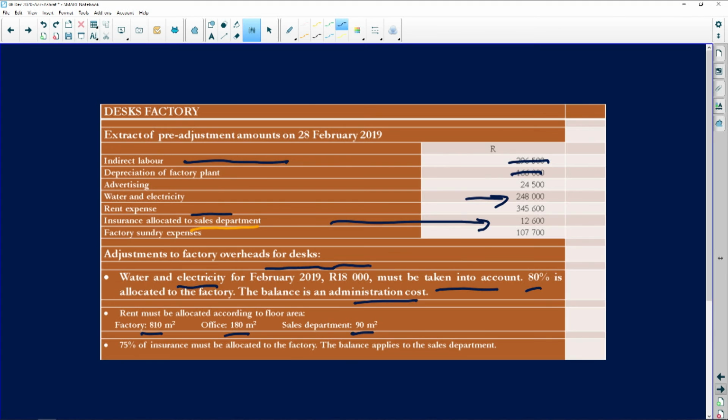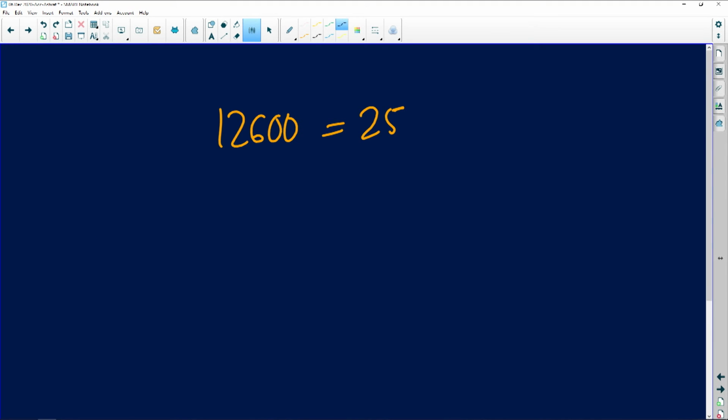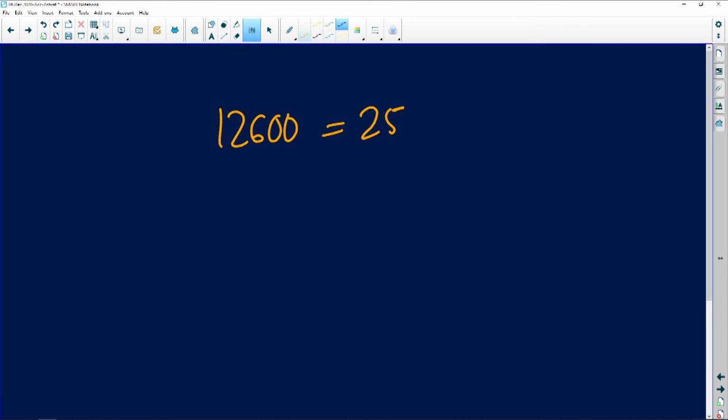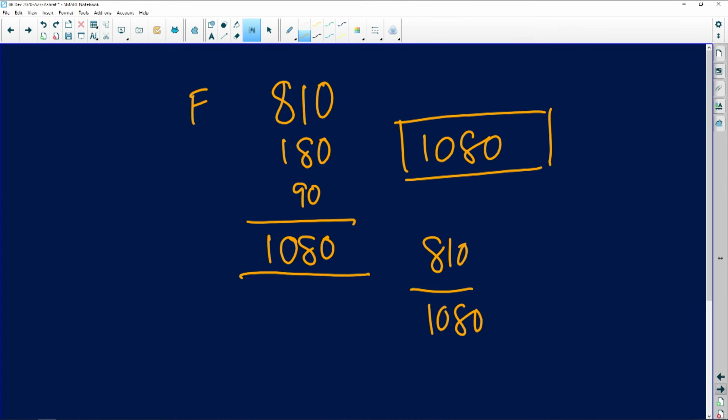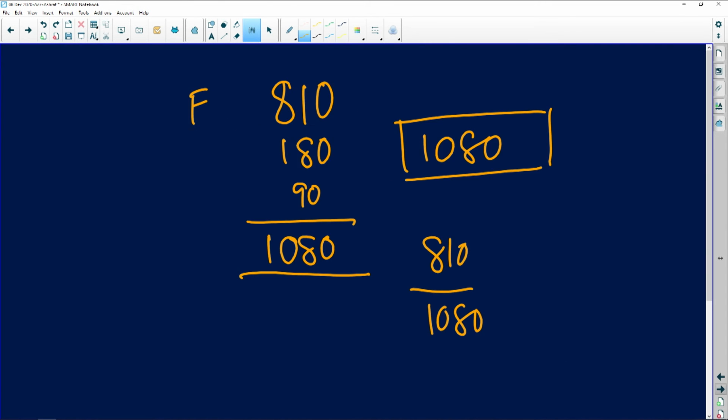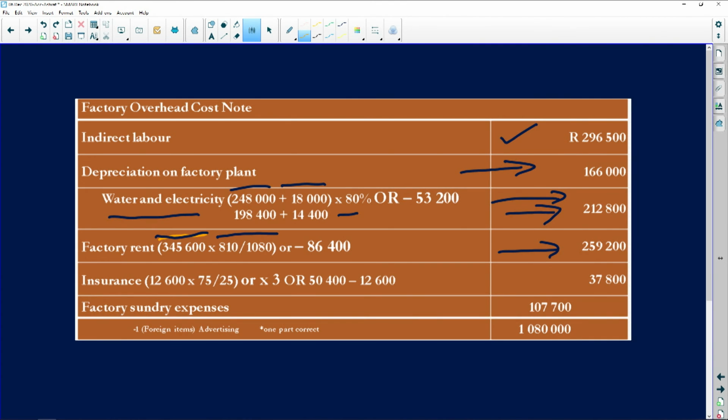Therefore, when you are doing your calculation, it is important for you to note that the 12,600 is equal to 25%. You can say 75% is equal to the unknown, cross multiply, and what you're going to get is the answer that you are looking for here. Right? There we go.